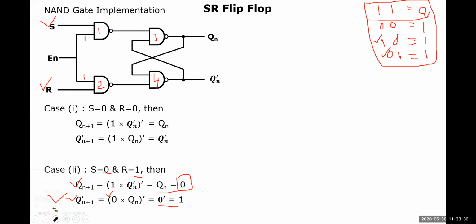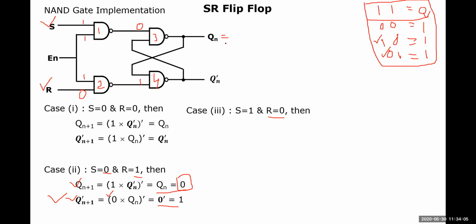Okay, so if you change the inputs, S equal to 1 and R equal to 0. Now it is 0. So since S equal to 1 and R equal to 0, enable is always equal to 1. 1, 1 will lead you to 0. Output of first NAND gate is 0. So 0, 1 leads you to 1 here. Now you need to identify this particular value at this moment.